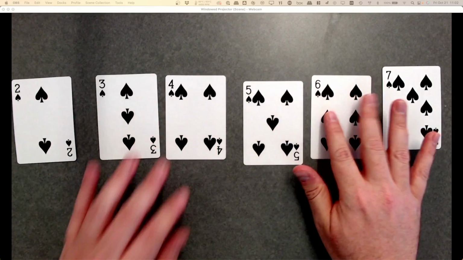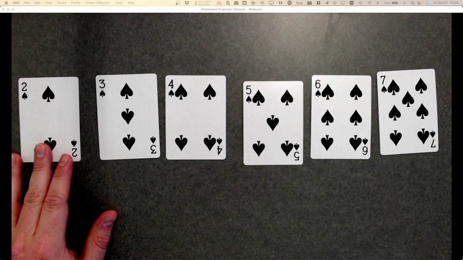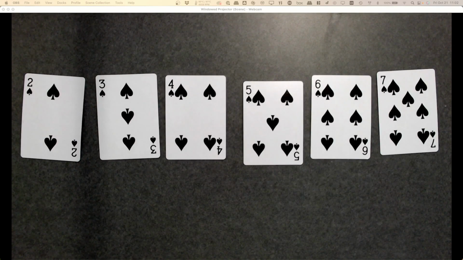Okay, so how many operations did that take? Well, I didn't keep count, but it took some number of swaps and some number of checks. The actual number is going to be somewhere in between the best case and the worst case scenario.